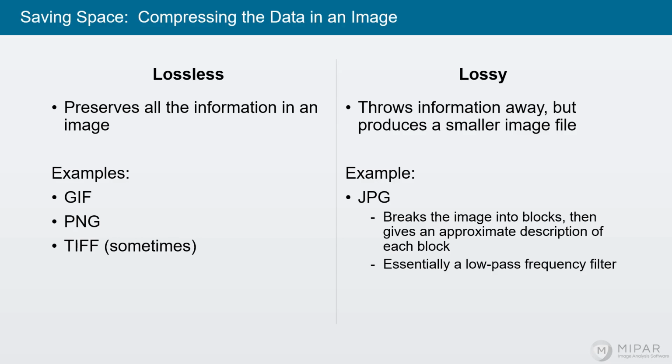Let me give you a quick analogy. Imagine a Ziploc space saver bag. It's a giant bag that you shove your clothes in, and it's got a hole on the side that you hook your vacuum up to. And the vacuum sucks all the air up and compresses your clothes down into a smaller space. That way you can shove them under your bed or pack them up into boxes for the winter.